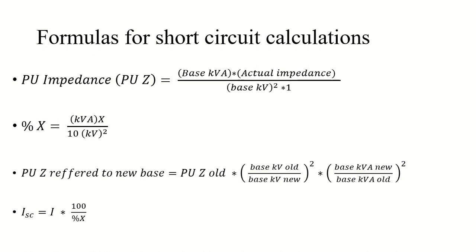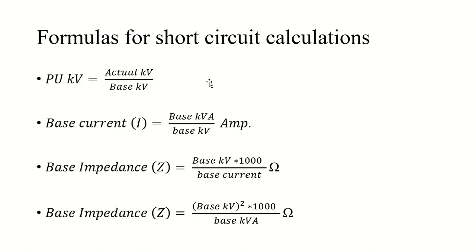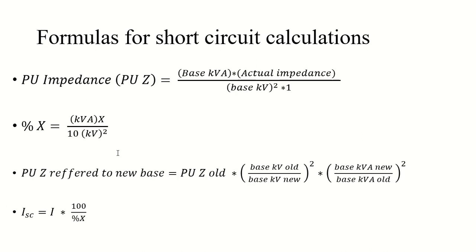Now coming to another formula, we have per unit impedance. If you want to find the per unit impedance, previously we found base impedance. So now to find per unit impedance, what can we do? We take the ratio of base kVA multiplied by actual impedance, divided by base kV square into 1000.